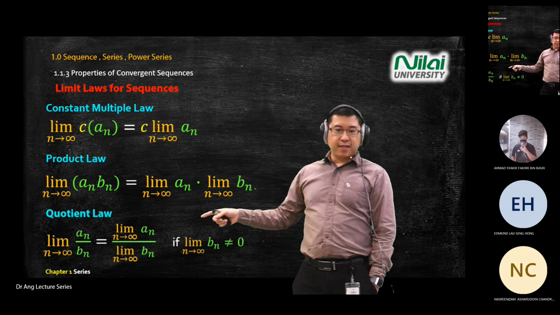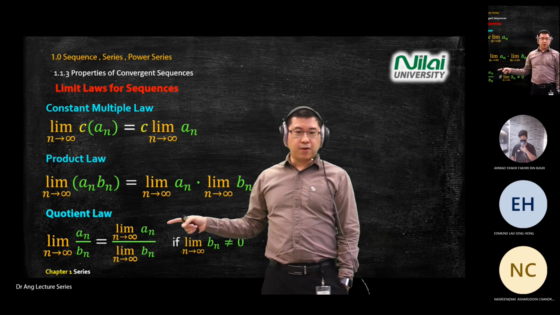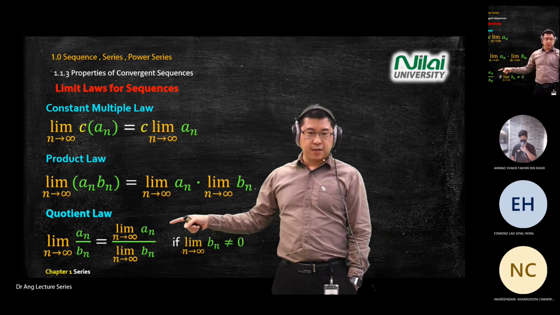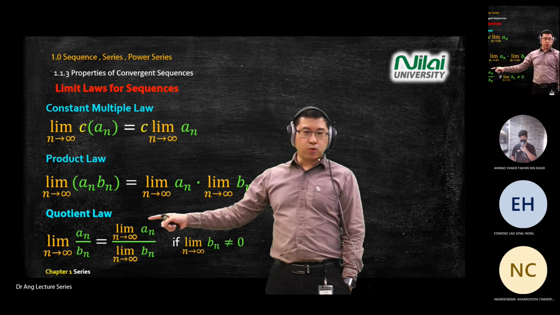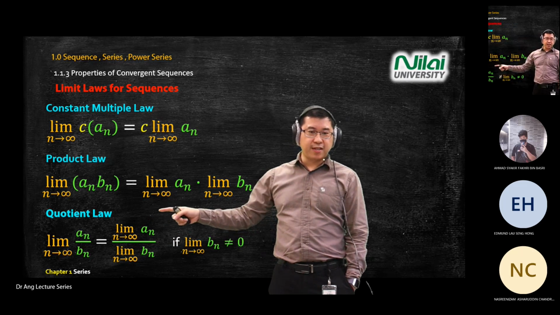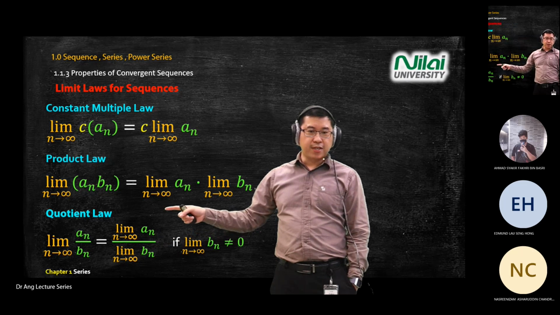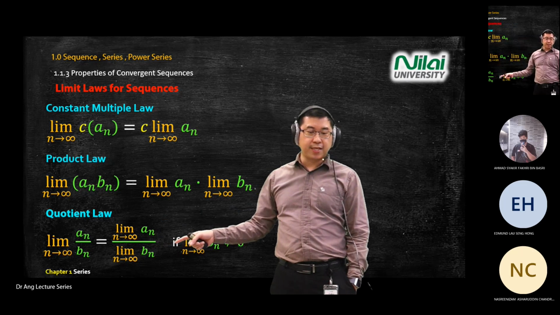The third one, you need to take care a little bit. The third one is the quotient law, or division law. If you want to divide one sequence by another, in this case a_n divided by b_n, you take the first set of data divided by the second set of data.